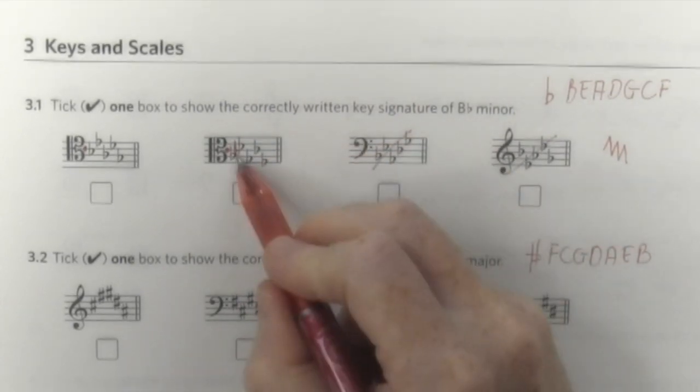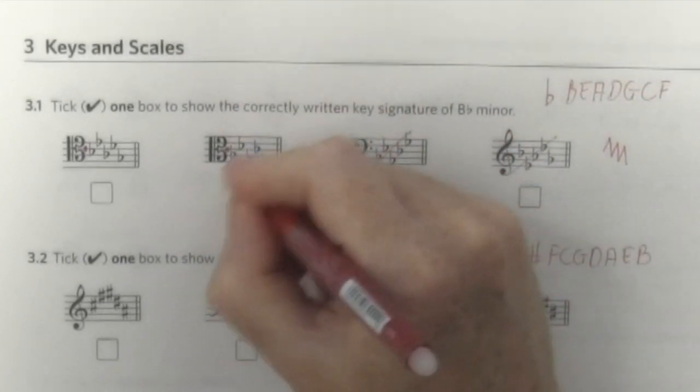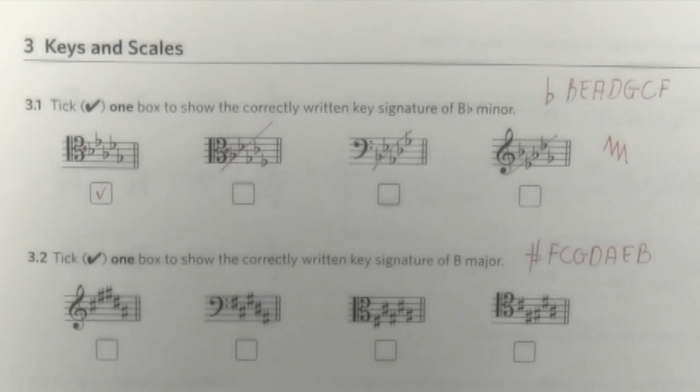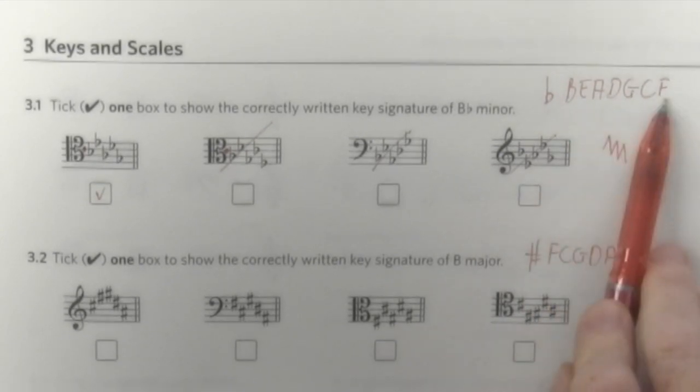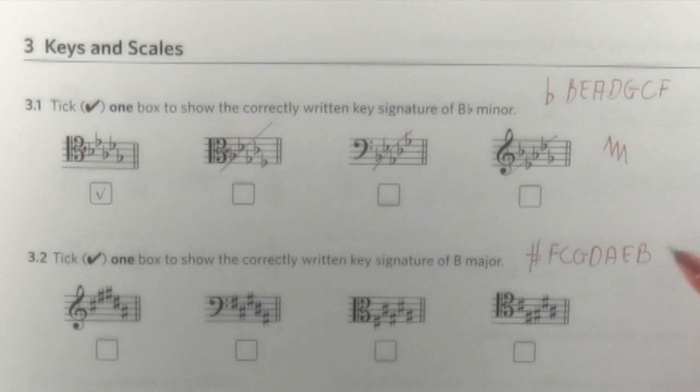Okay, this is B. So this is incorrect as well. The right answer is the tenor clef. Perfect. So there you go. We didn't even need to check these ones as well. Okay, let's go on to the key signature with sharps.